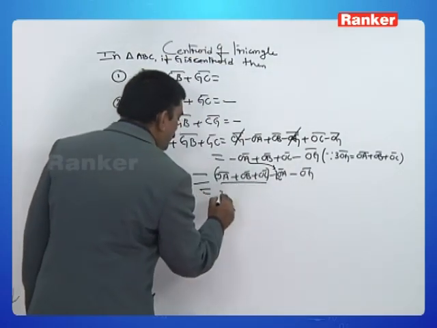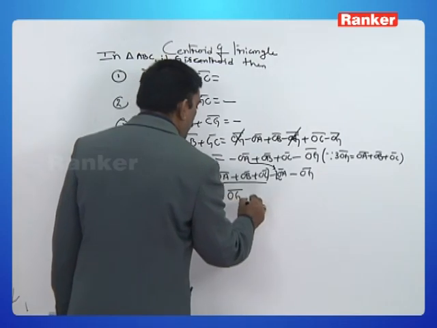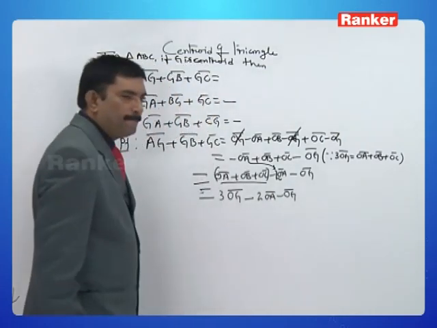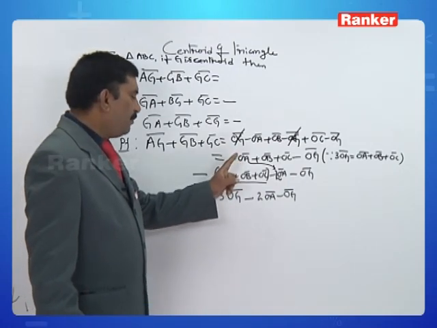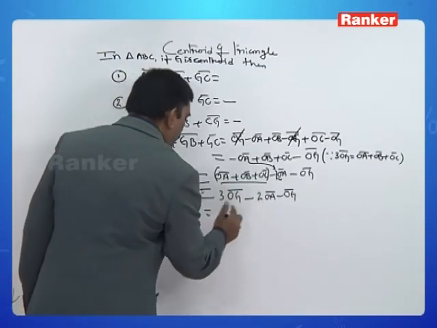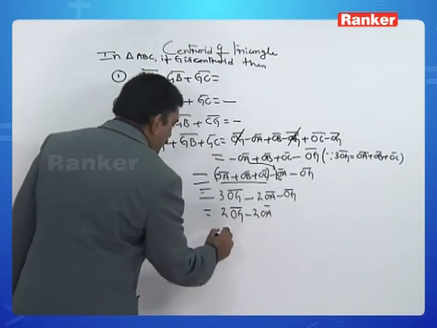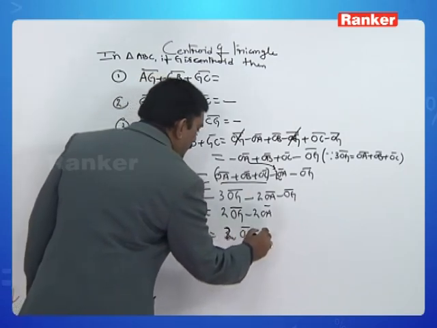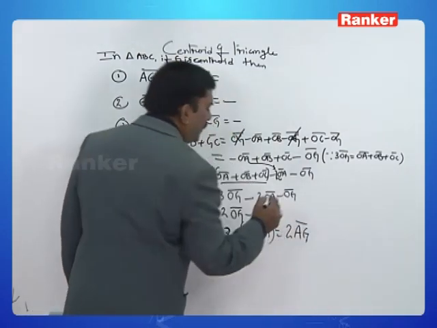This value is 3 into OG bar minus 2 into OA bar minus OG bar. Now subtracting these two gives 2 into OG bar minus 2 into OA bar, that is, 2 into OG minus OA. So this is equal to 2 into AG bar.